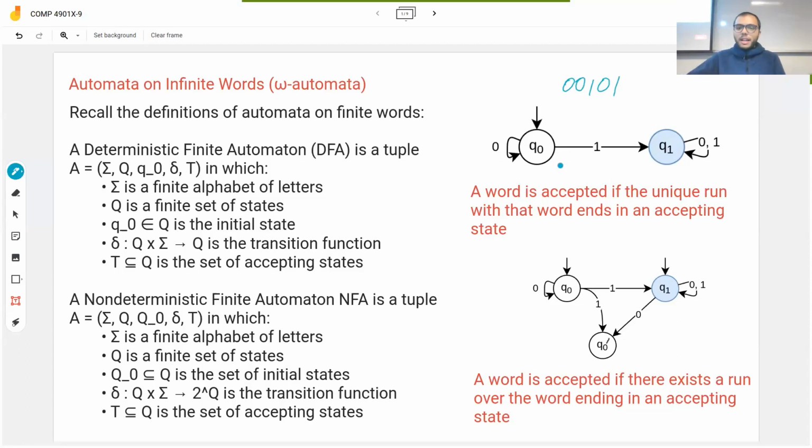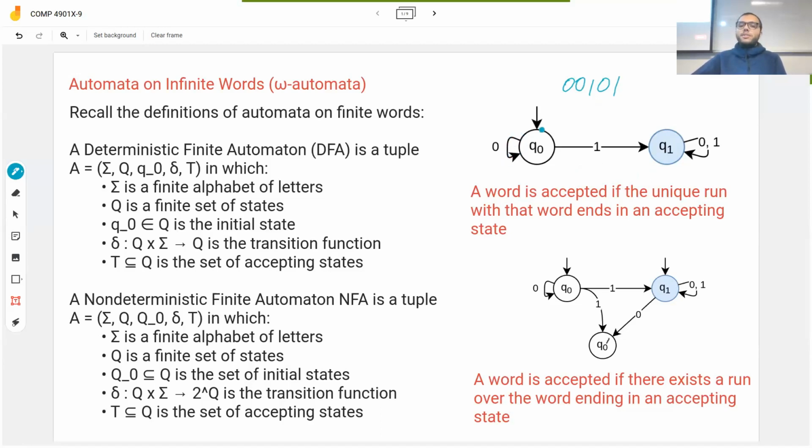As an example, what is the language of this particular automaton here? What words are accepted by this automaton? And remember, our words are finite right now. Yeah, so any word that has 1 in it will be accepted. Because what this self loop here does is that it ignores zeros, right?